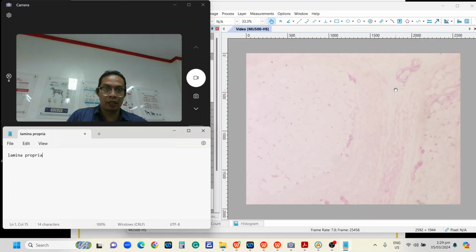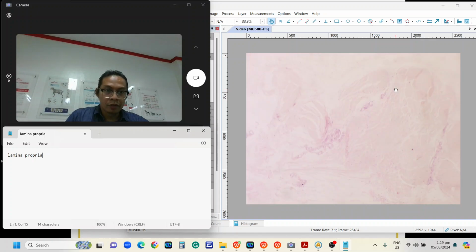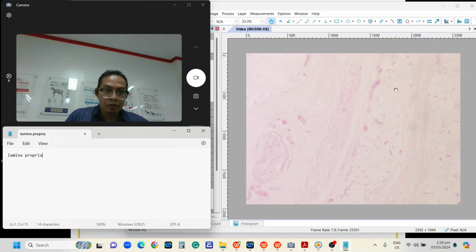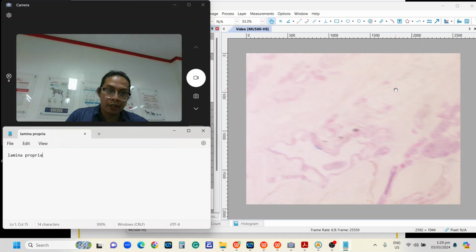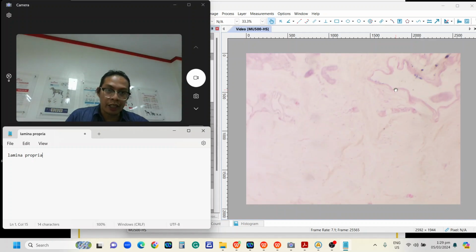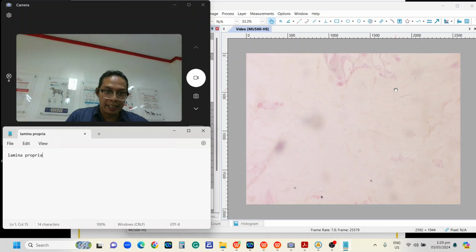Asan do ang white, dense white connective tissue regular? Dito. Yan.